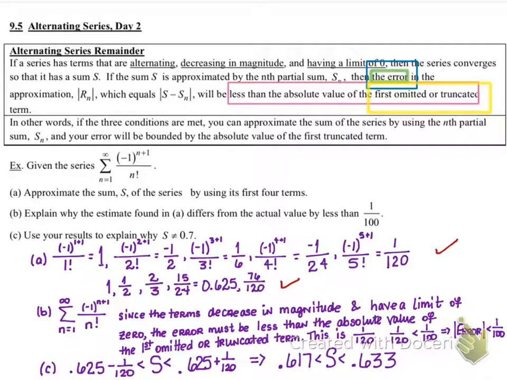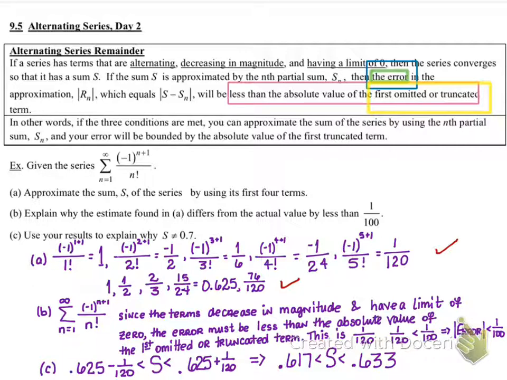All of this information allows us to move on to C, and we can use the term that we were able to go up to, the fourth term, which is 0.625, and we can go on either side of it, figuring out precisely where our actual sum is.